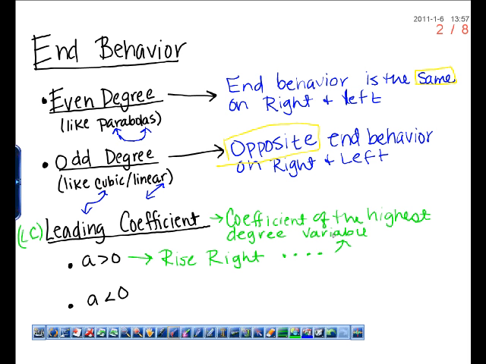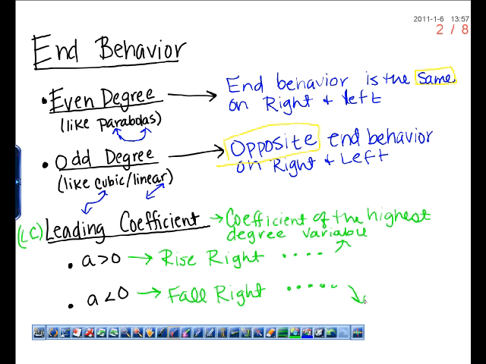So what do you think it's going to mean when A is less than 0? It's going to fall right. Not the same. So something is happening. We don't know what, but it's going to fall to the right.